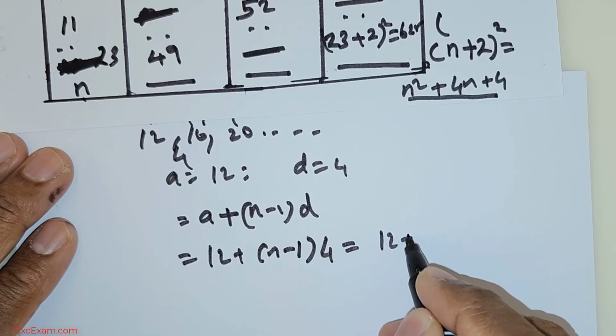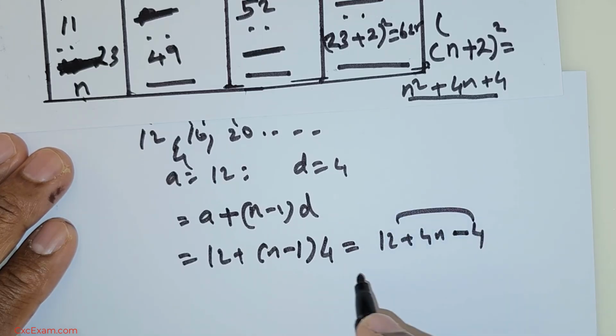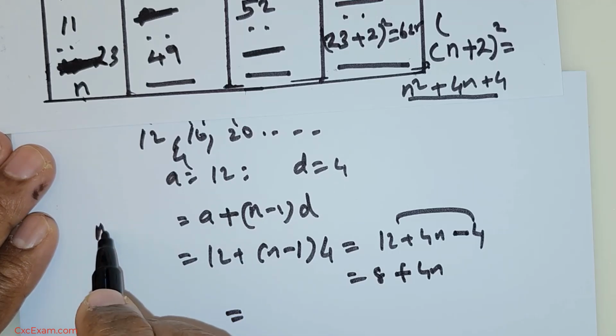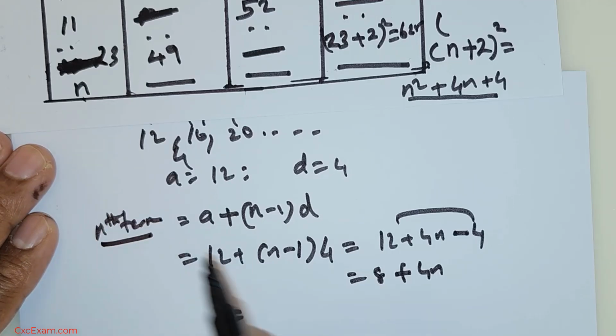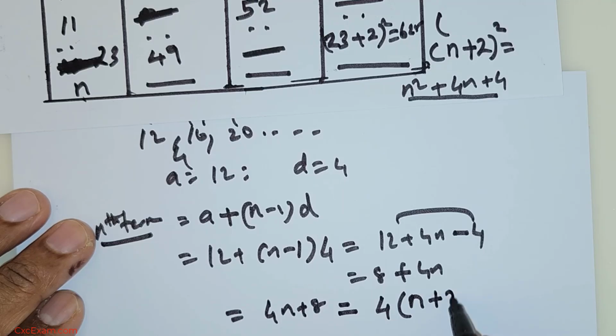So this is equal to 12 plus 4 times n is 4n minus 4. 12 added with negative 4 will give you 8 plus 4n. So this is going to be the nth term. So the nth term is going to be 4n plus 8. Now you can rewrite this as 4 times n plus 2, right?